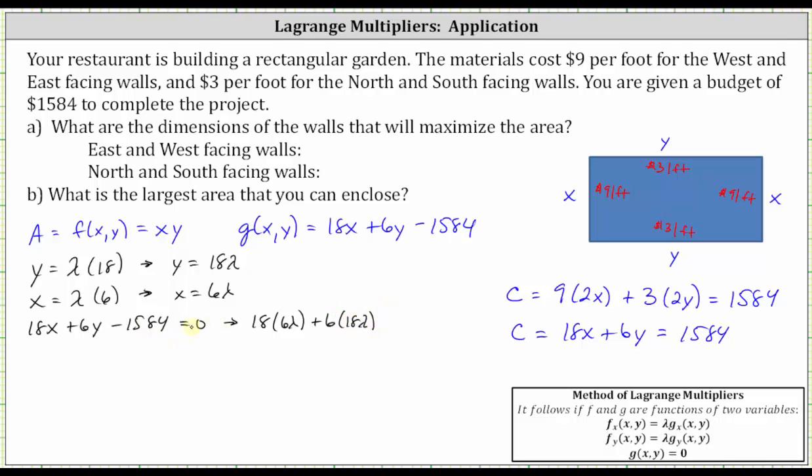Let's go ahead and add 1,584 to both sides, giving us equals 1,584. 18 times 6 lambda is 108, and so is 6 times 18 lambda. 108 lambda plus 108 lambda is 216 lambda. To solve for lambda, we divide both sides by 216. Simplifying, we have lambda is equal to 1,584 divided by 216.